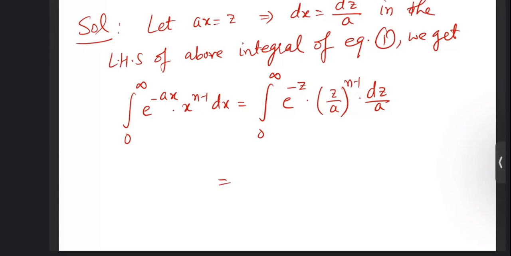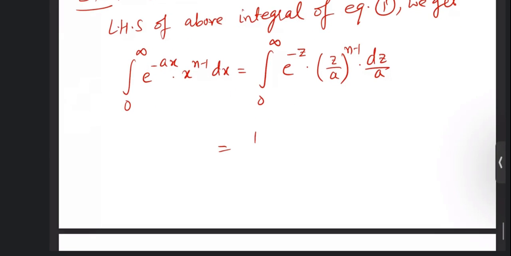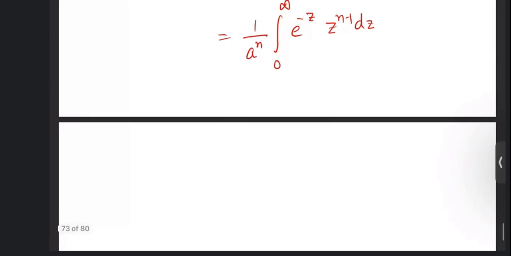That is equal to 1 upon a raised to the power n, because we have a raised to power n minus 1 here and a also here. So it will become a raised to power n. Integration 0 to infinity e raised to the power minus z, z raised to the power n minus 1 dz, which is the definition of the gamma function under the integral sign.